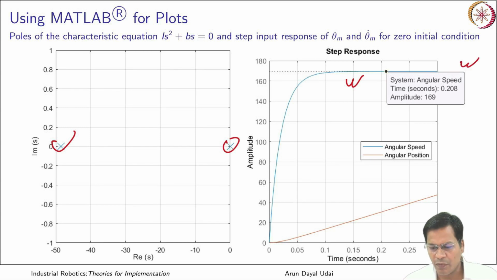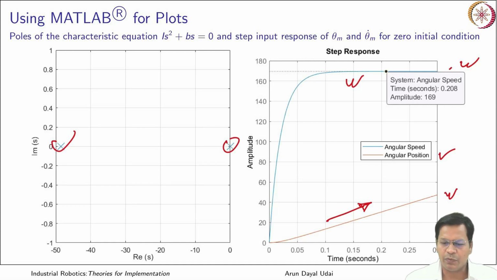In the case of angular position, as soon as you apply the voltage, it gradually picks up and keeps on changing, almost linearly. In the case of angular speed, it picks up and settles there. This is how you can analyze any motor using standard analytical techniques like the transfer function method I have used. I have drawn the poles and saw that everything is okay, it is not unstable, so it is done.